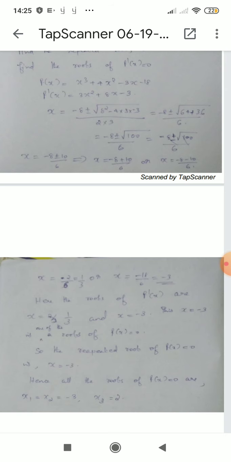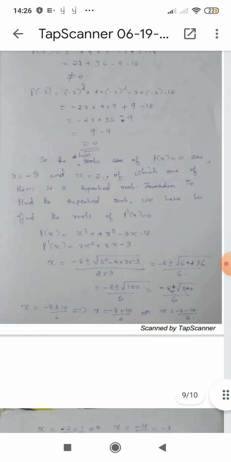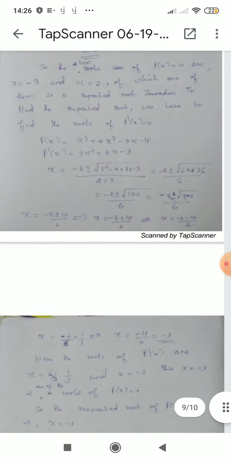Remember, this x is equal to minus 3 is also a root of f of x is equal to 0. And remember here, this x is equal to minus 3 is also a root of f of x is equal to 0. So this minus 3 will be a repeated root of f of x is equal to 0.